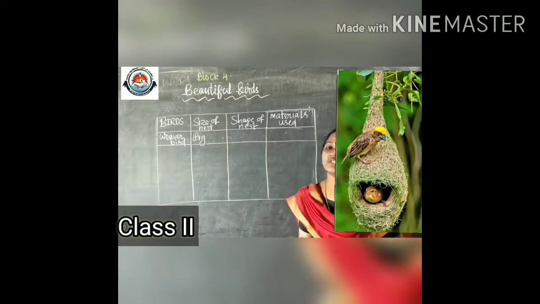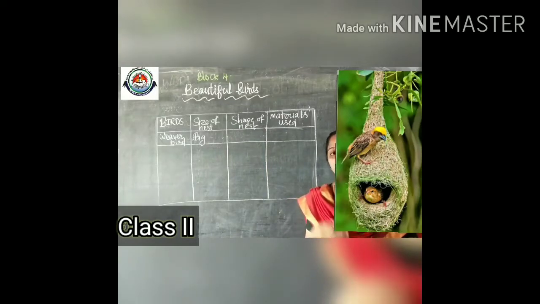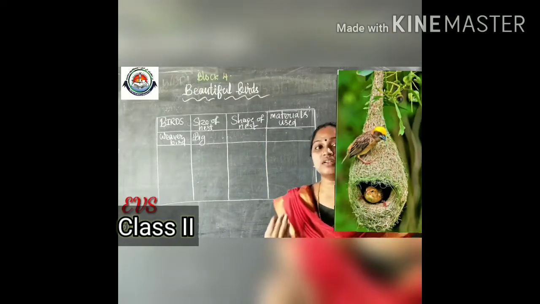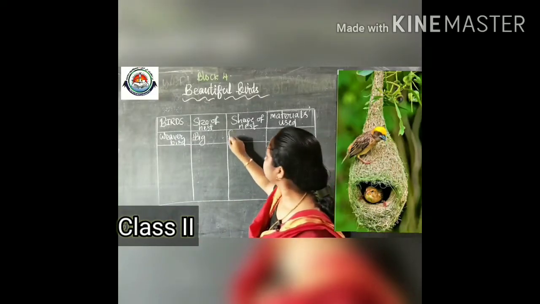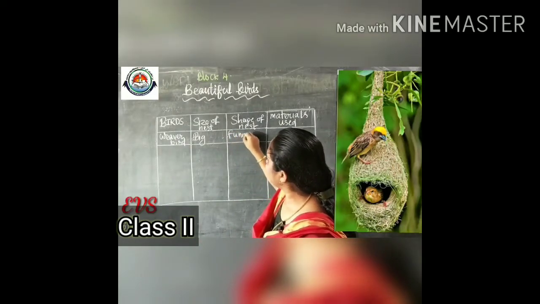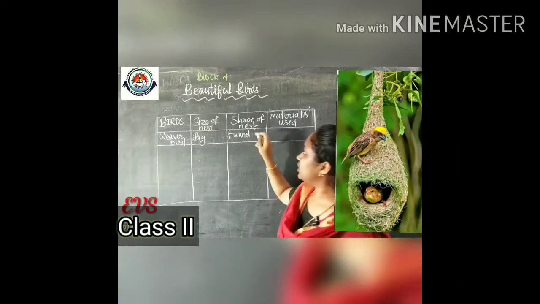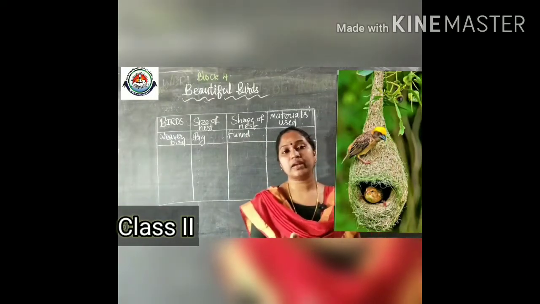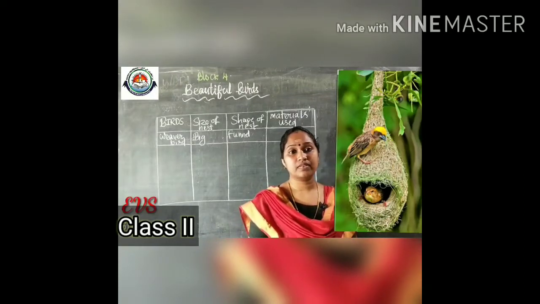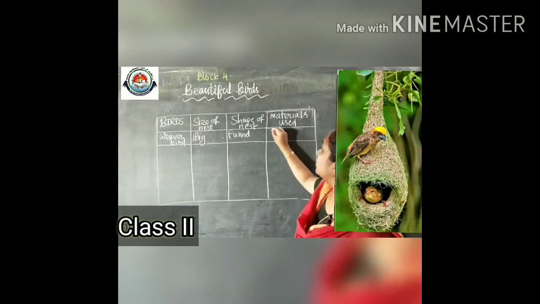Then what about the shape of their nest? The shape of the nest of weaver bird is like a funnel, funnel shaped. F-U-N-N-E-L, funnel shape. And what are the materials used to build their nest? Tell me. Yes, it is grass.